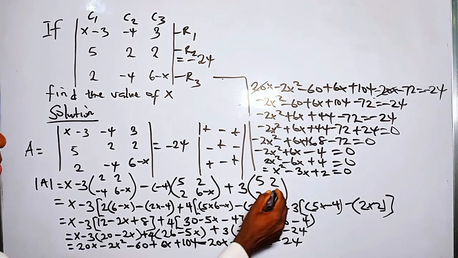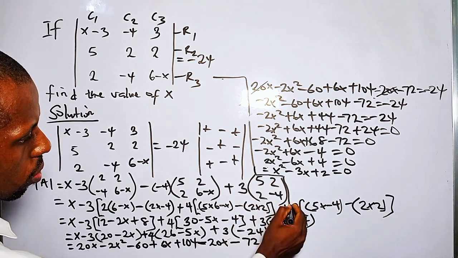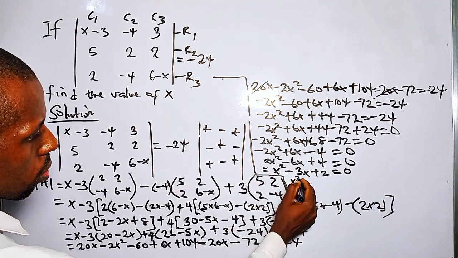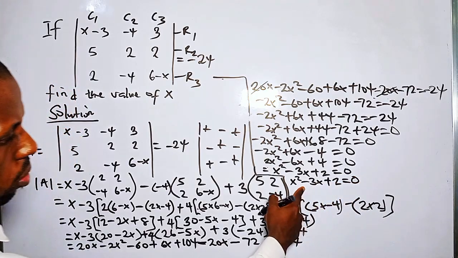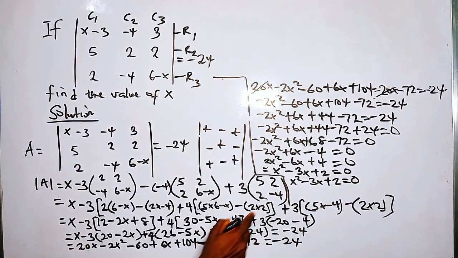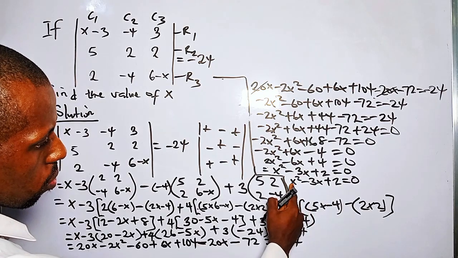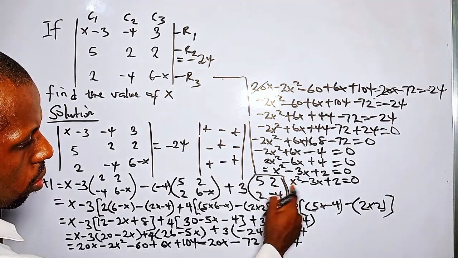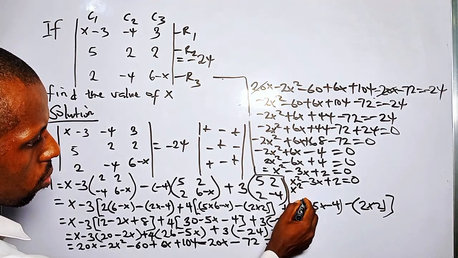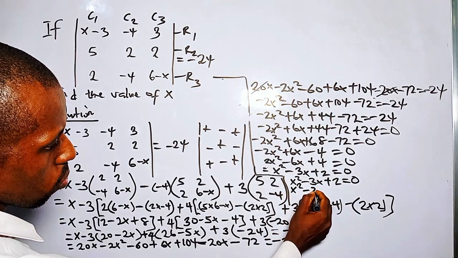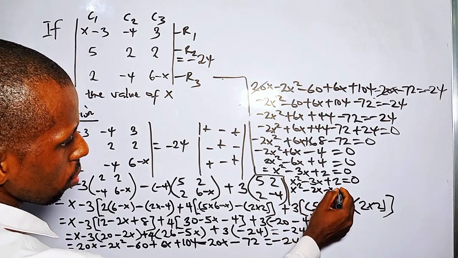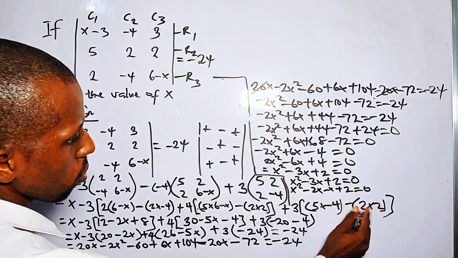Since we are looking for the value of x, we can factorize. With 2 times 1, we say x squared minus 2x minus x plus 2 equals 0.